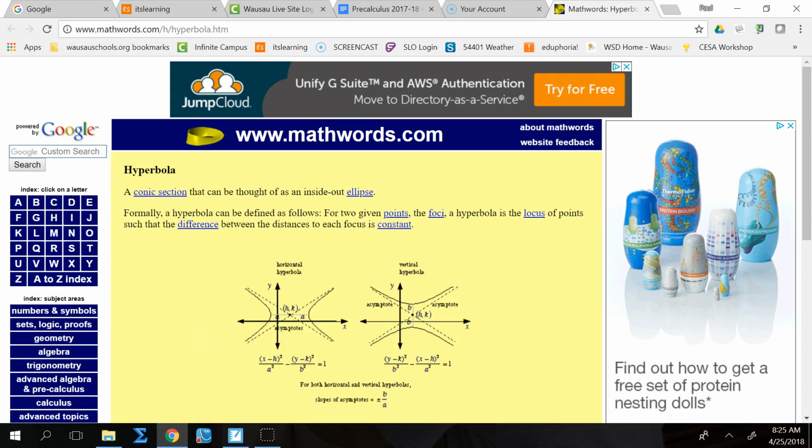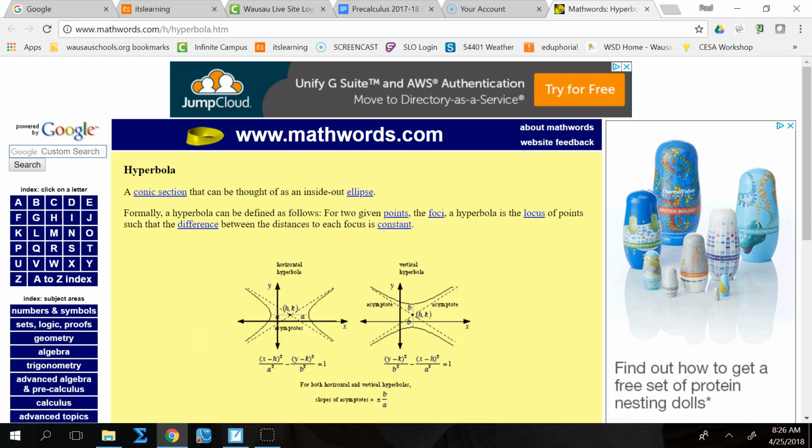In an ellipse you added, it was the sum of the distance to the two foci, and that made the ellipse. In a hyperbola, it's the difference. So you take the distance to the first focus minus the distance to the second focus, and that difference is a constant.